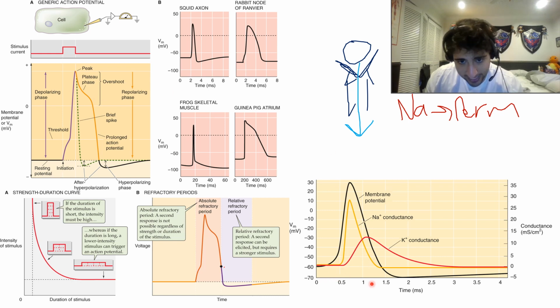So you have this delay before the potassium conductance increases, and then this potassium conductance increases, and then you can see the membrane potential come back down. All right. In the meantime, the sodium conductance comes back down to 0. All right. So the sodium channels open. You fire the action potential, then they close. In the meantime, while this process is occurring, the potassium channels have opened, and now this conductance is what's causing repolarization.